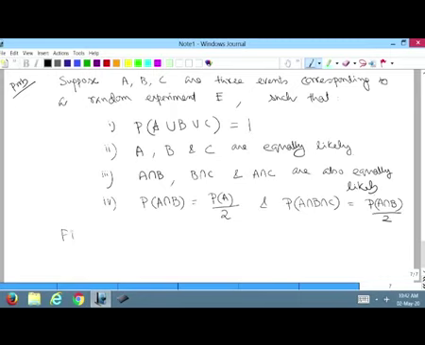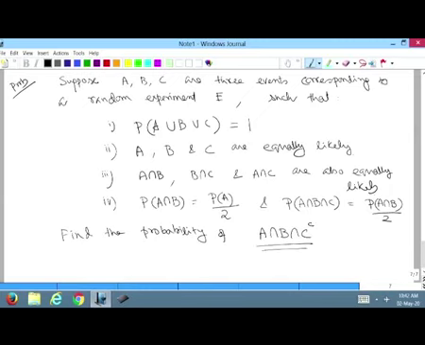Find the probability of A intersection B intersection C complement.